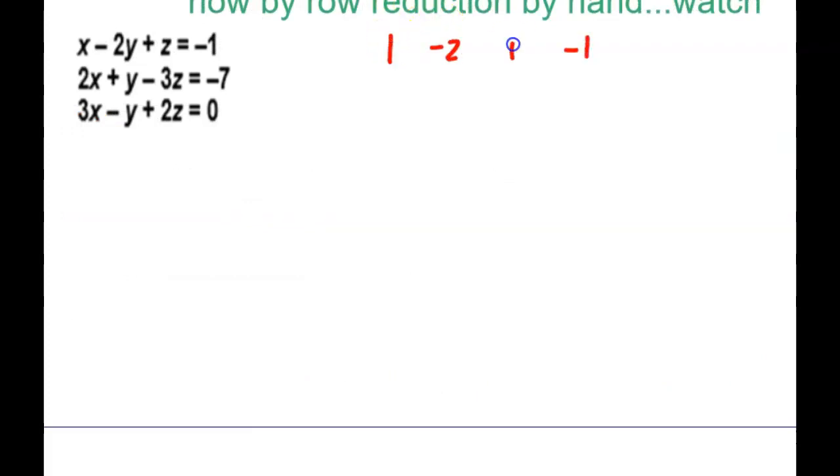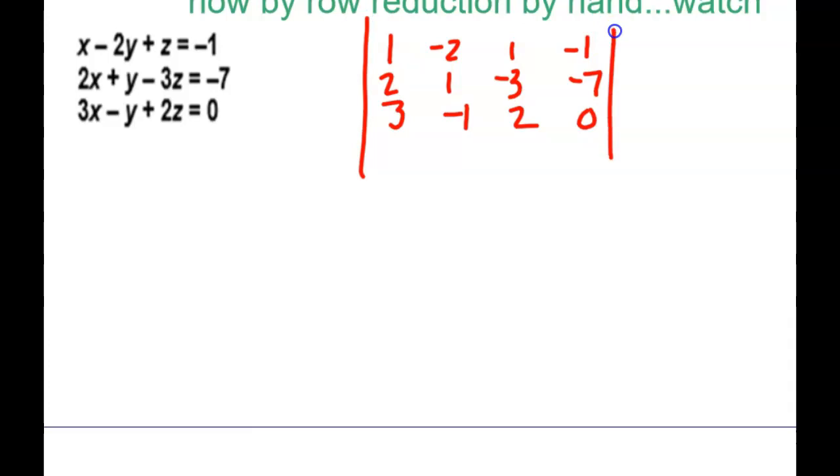1, -2, 1, -1, 2, 1, -3, -7, 3, -1, 2, 0. Okay, so back in the day, I would have said, I'm going to multiply the top one by -2 and add it to the second one. So the top one is going to stay the same. I'd really like you guys to try to help me do this so I don't make an arithmetic mistake.